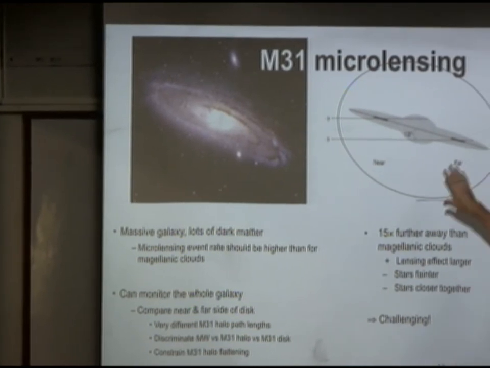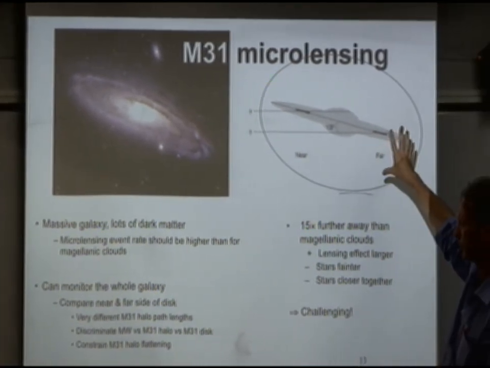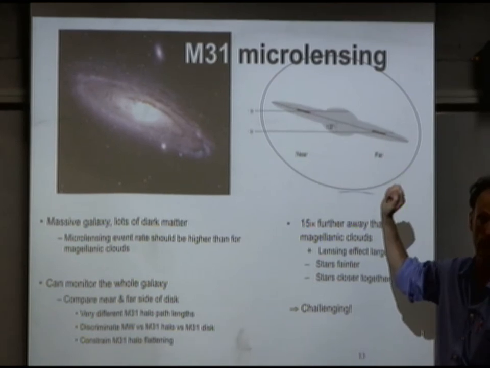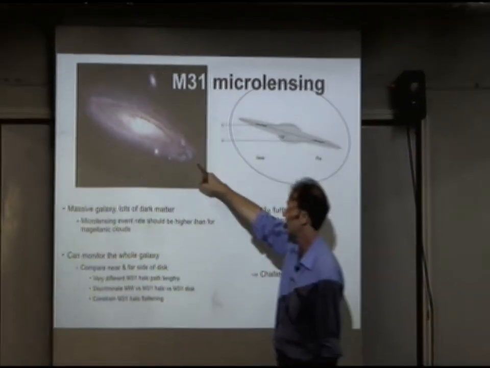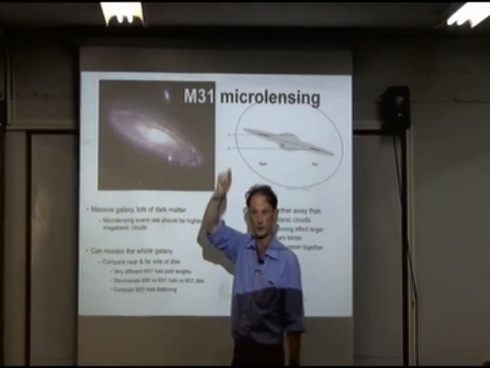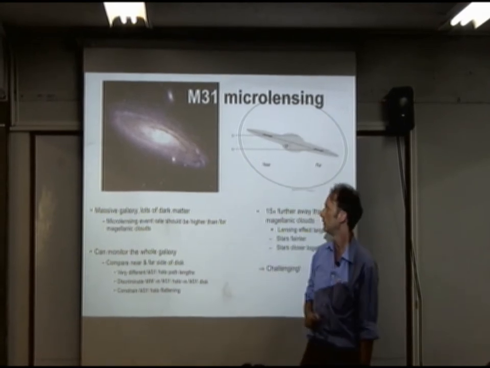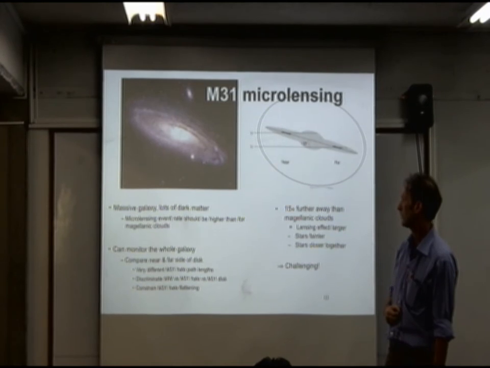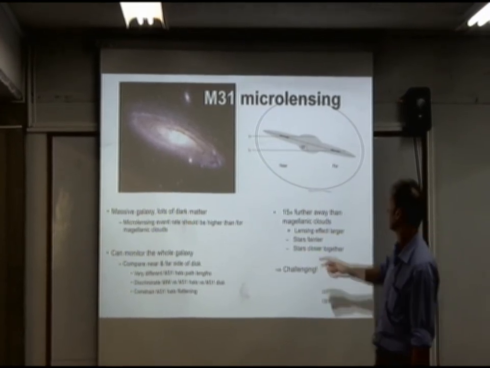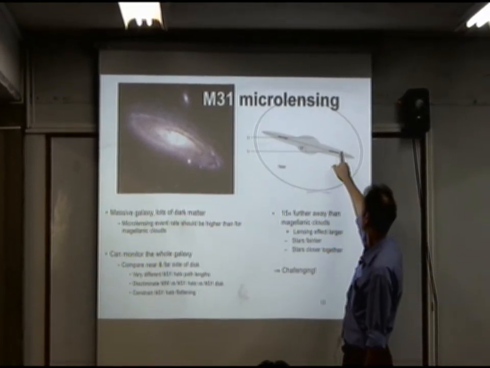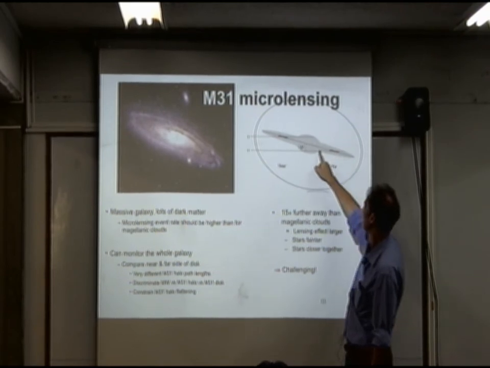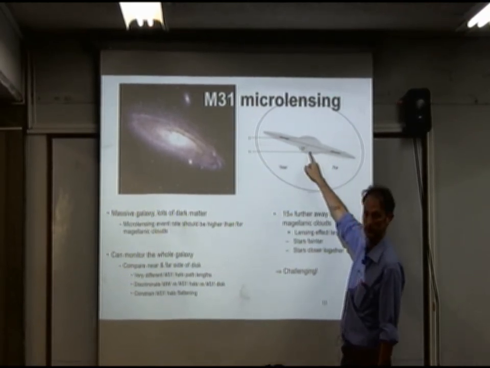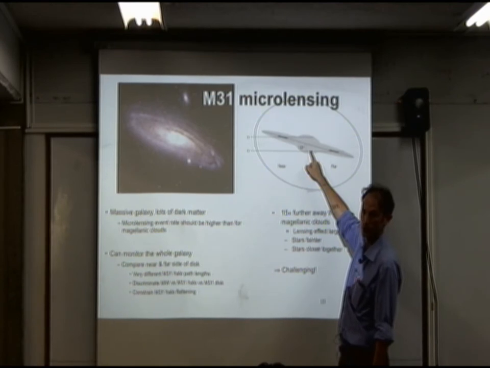But nonetheless, we did this experiment for a number of years, and we found something like 14 microlensing events of stars in M31, which brighten and fade very quickly and looked exactly like microlensing. If you calculate how many of those events you expect just due to, for example, a disk star at the far end being microlensed by a disk star or a bulge star in front of it, that actually is about 14 or 15.